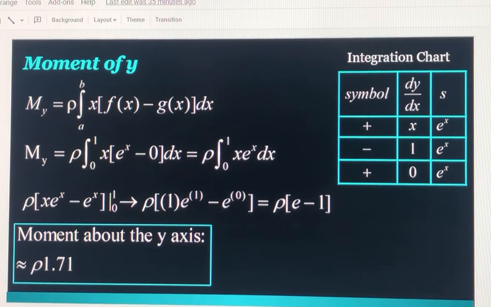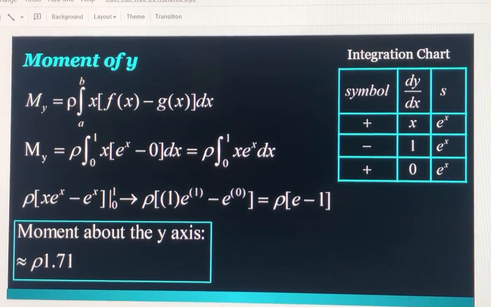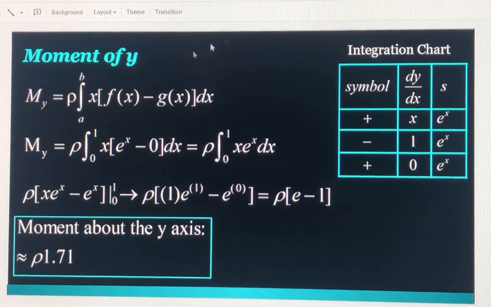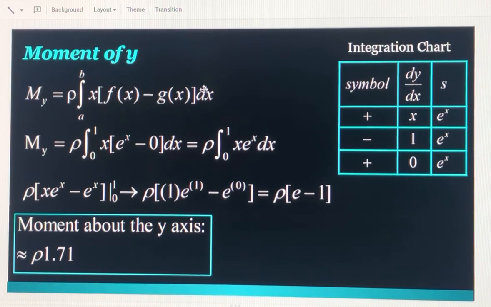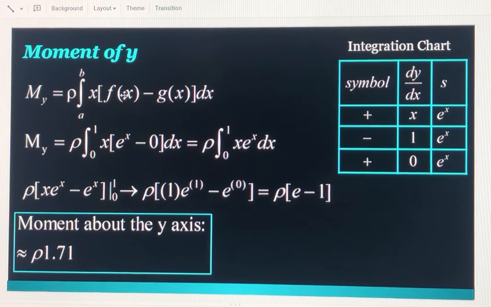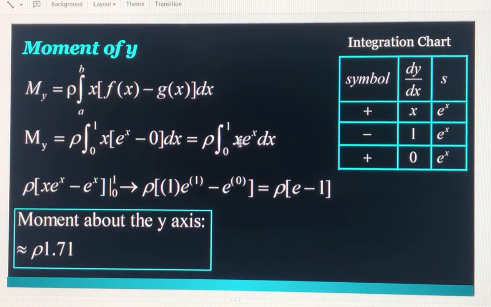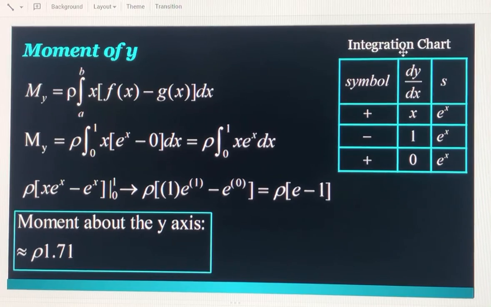For the moment of the y-axis, we're going to use a similar formula, only now it's going to be x as our variable, and we are not going to square these two terms. So now we plug it in as the last one, and this is going to cancel out, but the only thing is now we're going to get e to the x times x. So this is not u substitution.